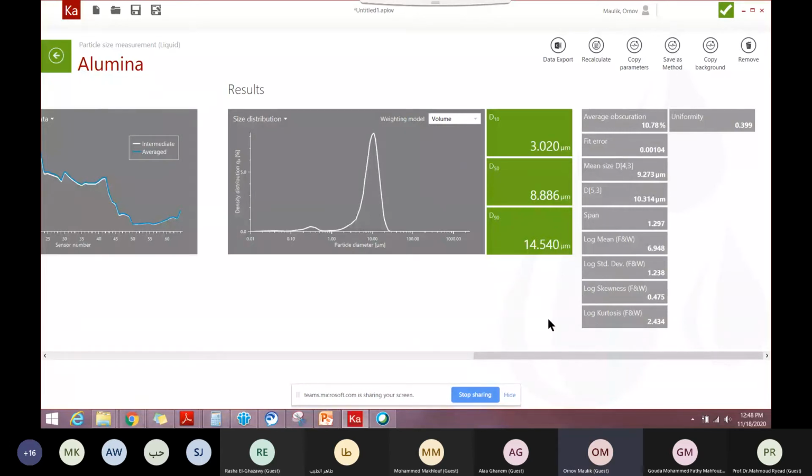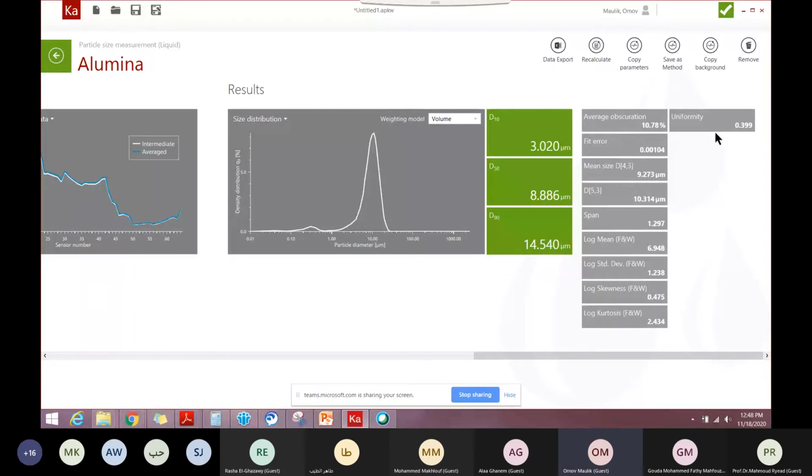Log skewness and kurtosis, of course, give you the asymmetry present in the sample, where log kurtosis is basically for how well this particular curve fits the Gaussian, and log skewness means the asymmetry, whether the asymmetry in the particle size distribution is on the left hand side or on the right hand side. So for example, in this curve you can see that there is some sort of asymmetry on the left hand side, so it is positive. If it would have been on the right hand side, it could be negative also.